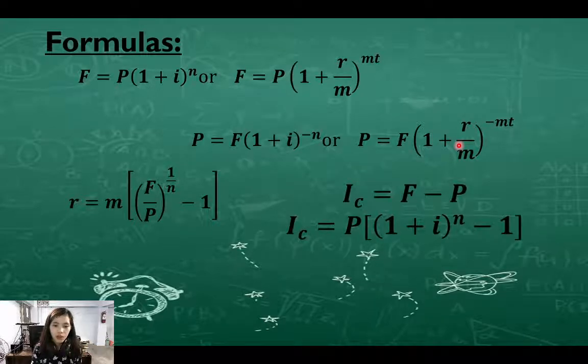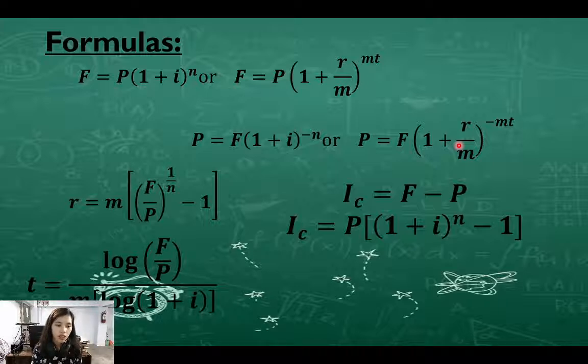For compound interest, we have I sub C is equals to F minus P, or I sub C is equals to P times ((1 plus I) raised to N, minus 1).